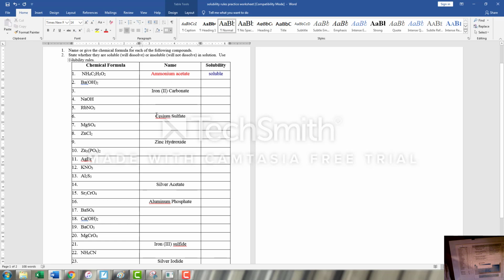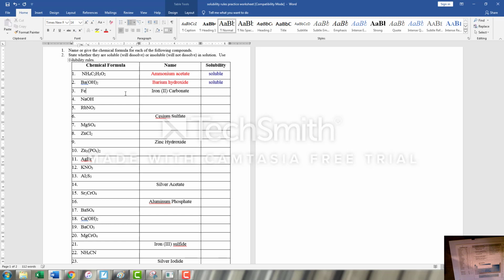Barium hydroxides are usually insoluble. There is a goofy exception listed on there that barium hydroxide is soluble, but that's really tricky and it hardly ever comes up. But I'm going to put that barium hydroxide is soluble, and that's probably not a good one to lead off with.